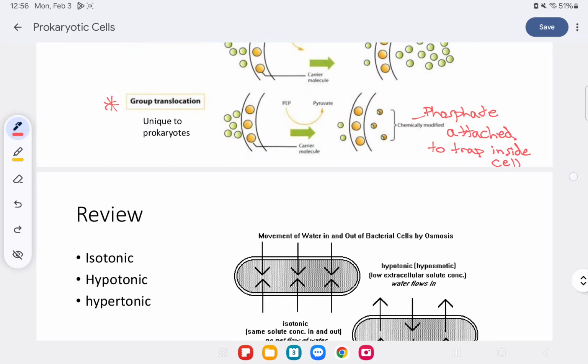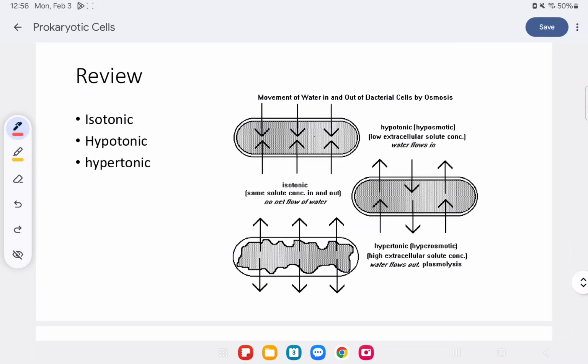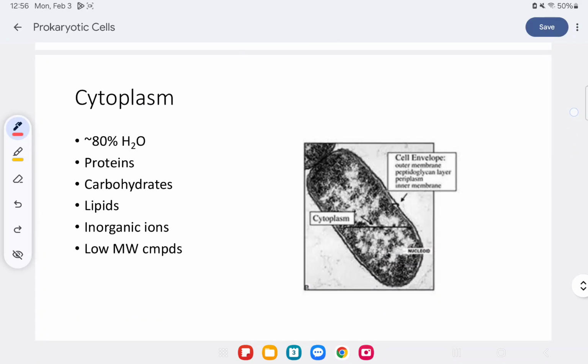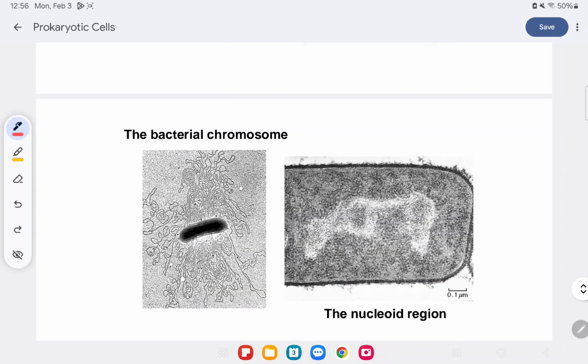So we know these words: isotonic, hypotonic, hypertonic. The cytoplasm is mostly water, but it does have dissolved proteins, carbohydrates, lipids, this kind of thing. We have DNA. It's one circular piece, a double-stranded helix.